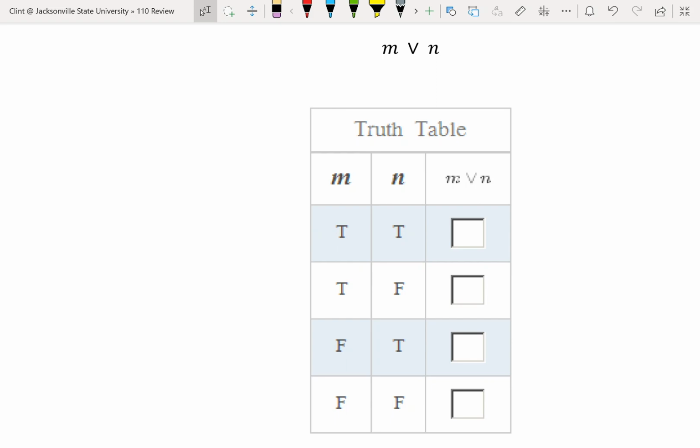But the one I pick out with an or statement is the two false statements down at the bottom. That's the only time an or statement is going to be false. So for the other ones, true, true, true, false, false, true, those are all going to be true.